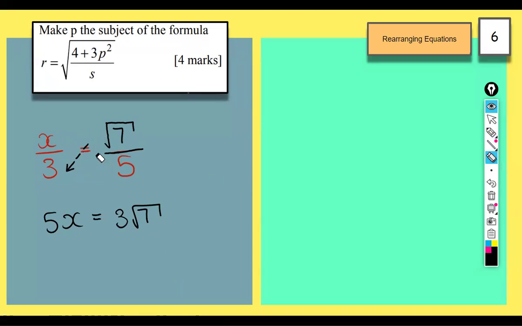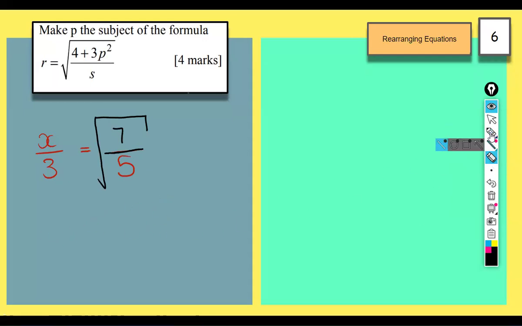Now in maths, look at this difference. You have a big square root sign here, and the square root sign is over the 7 and the 5. Can you cross multiply now? And the answer would be no, because this square root sign is blocking everybody here. It's blocking the entire fraction.